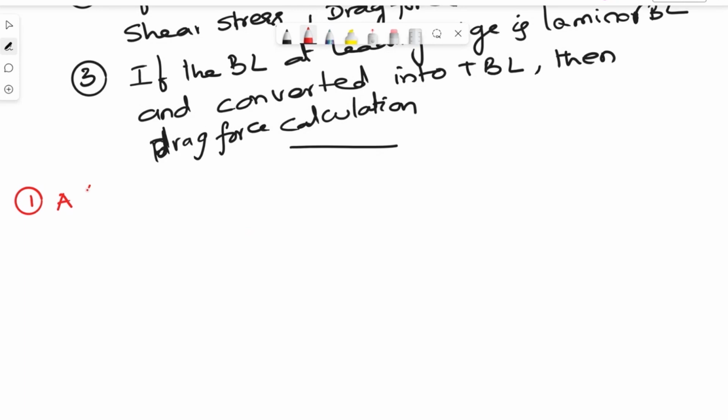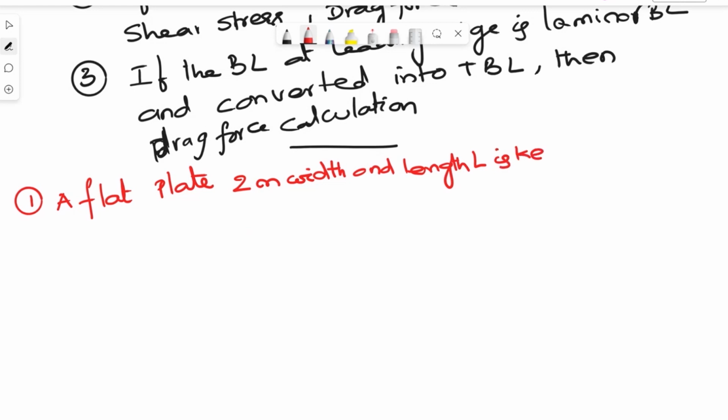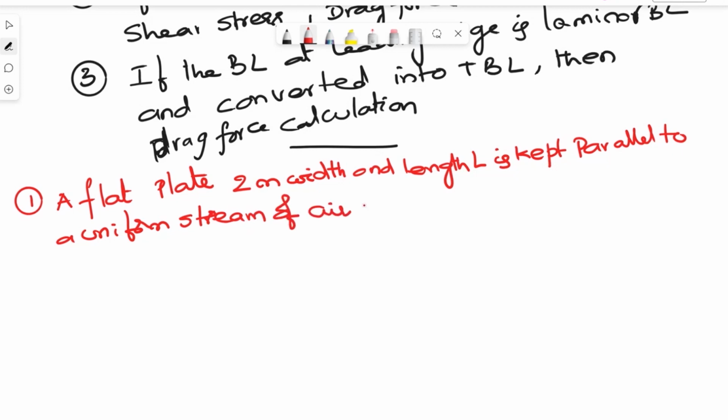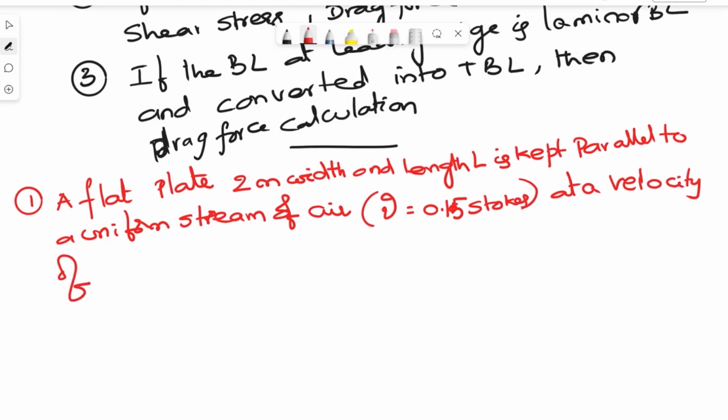First problem: a flat plate 2 meters width and length L is kept parallel to a uniform stream, kinematic viscosity equal to 0.15 Stokes, at a velocity of 20 kilometers per hour.